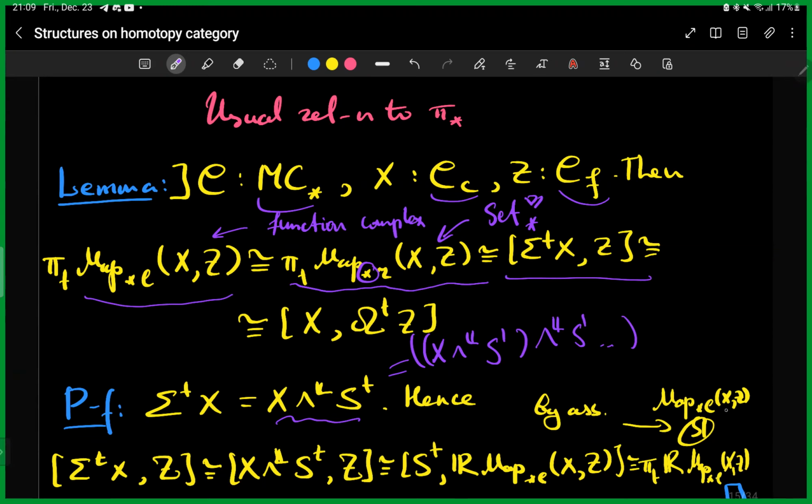And then we recall that since X and Z are, so this is cofibrant and this is fibrant, we actually can replace the derived mapping space by just the mapping space. And this gives us the sequence of isomorphisms.